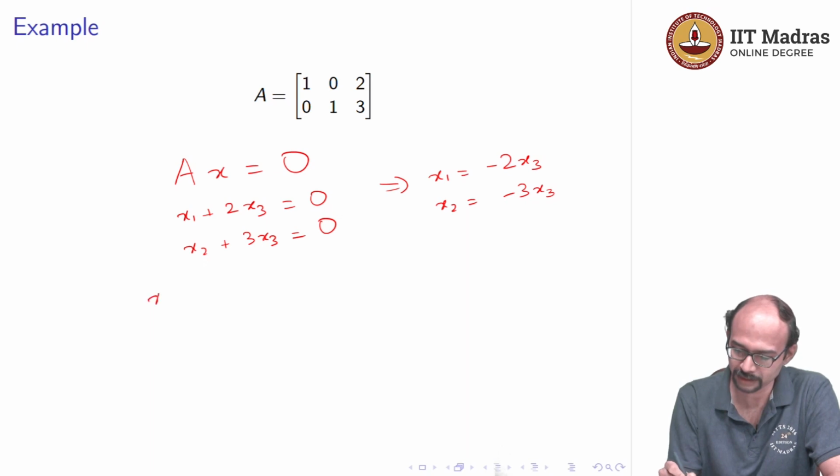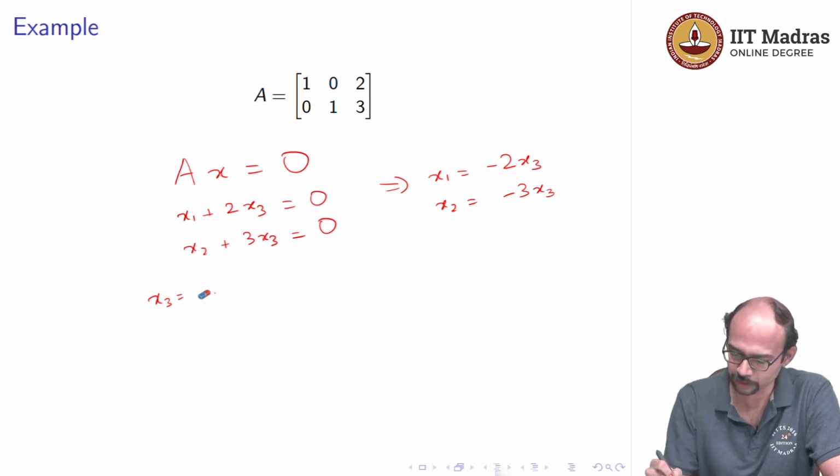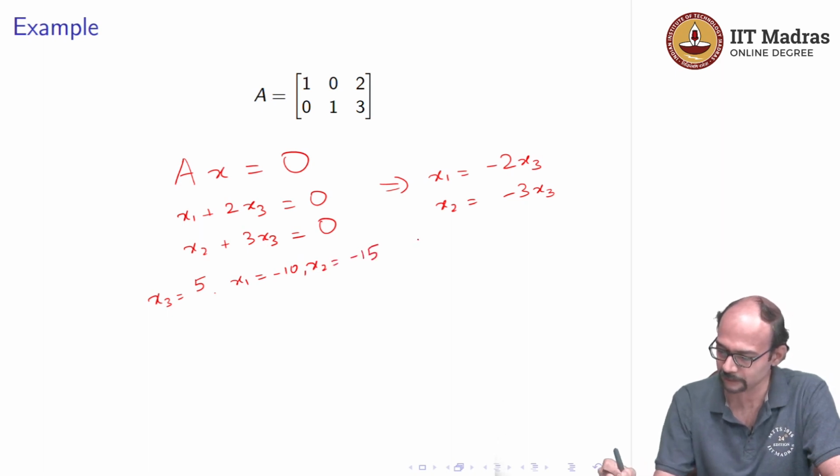So you can put x3 equals some constant c. Let us say I take x3 equals 5. Then to get my solution, I can put x1 is minus 10 and x2 is minus 15, and indeed one possible solution is x equal to minus 10, minus 15 and 5.